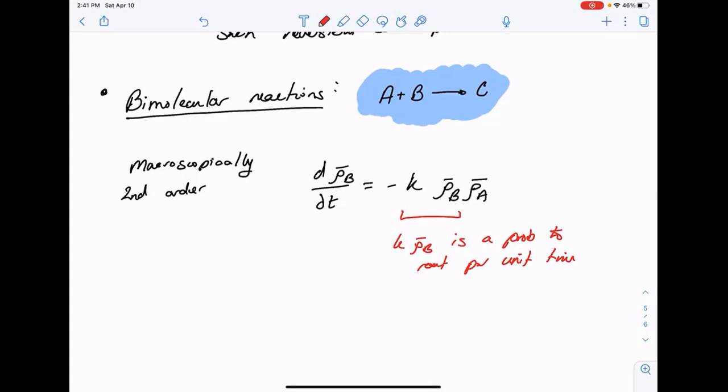Which means that k is the probability to react per unit time per unit concentration of B, or per unit probability of finding B, and rho B, the corresponding probability to find B from the perspective of, for example, A. That per unit time has the same interpretation here.